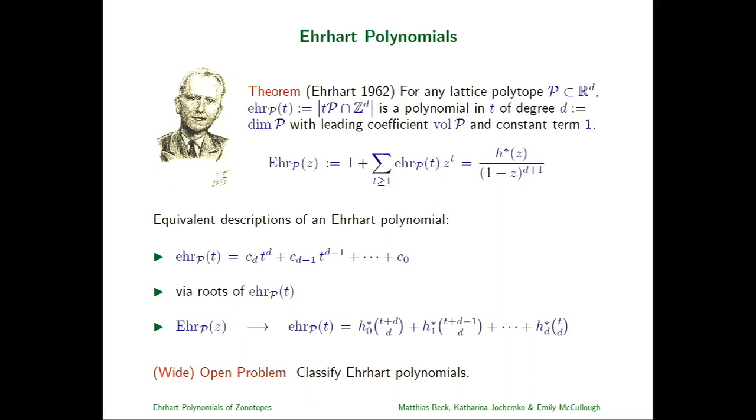If you now hand me a polynomial, can I cook up a lattice polytope that has that polynomial as its Ehrhart polynomial? That's the kind of classification problem I want to ask. The first thing I'm going to do is look at the constant term. If it's not 1, I say no. We'll have a cup of coffee. The second thing I'm going to ask is, is the leading coefficient positive? If it's not, I'm going to have a beer. Stuff like that. But I want to have more machinery.